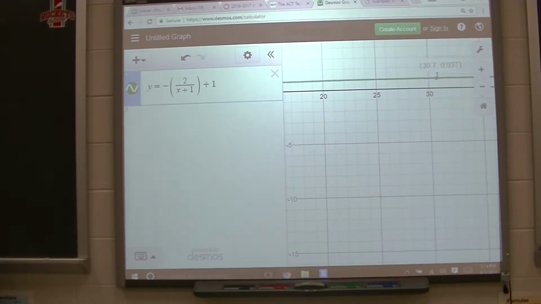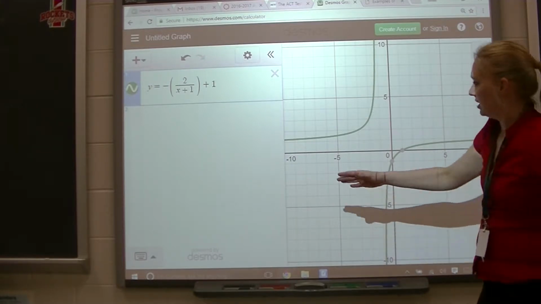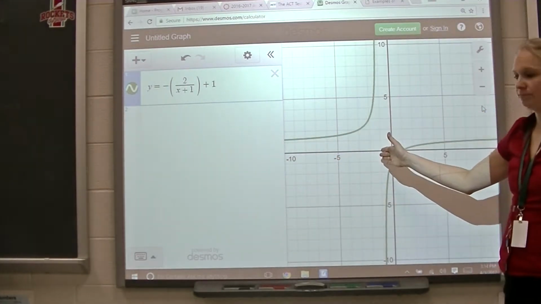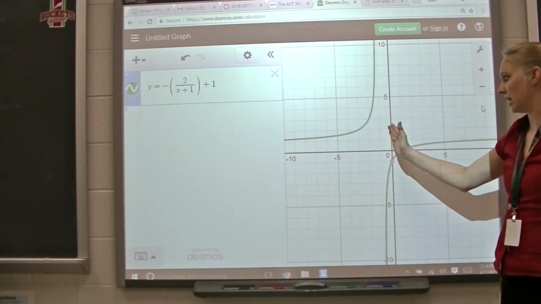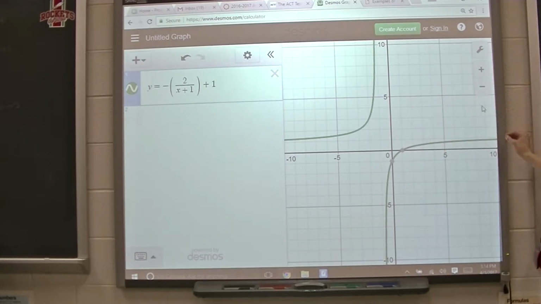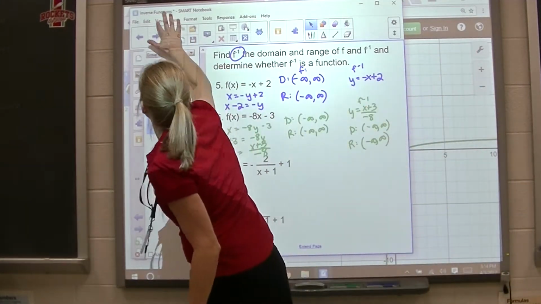It's getting a lot closer to 1, but it's never going to equal it. So the domain of this graph will be negative infinity to negative 1, because that's our vertical asymptote. So it's negative infinity to negative 1, and then negative 1 to positive infinity.